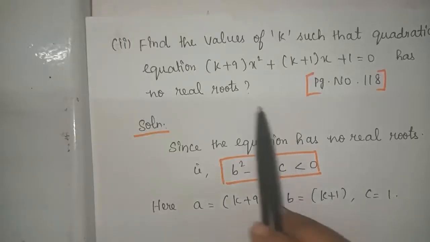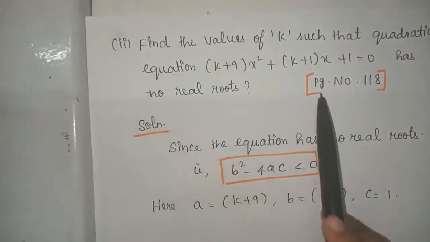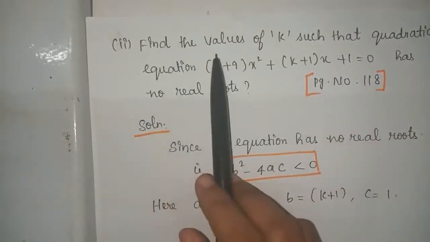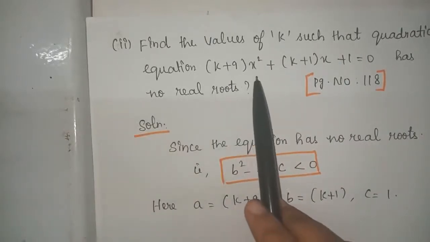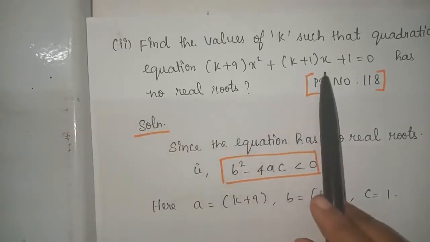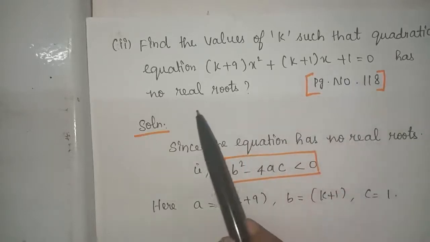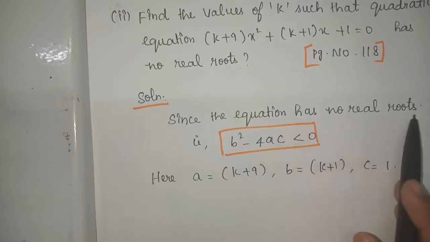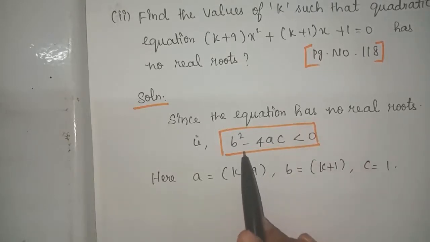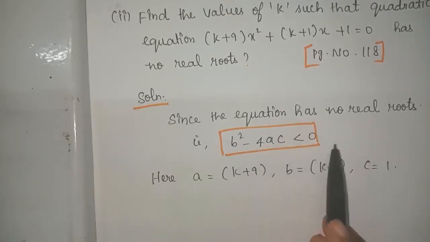Similarly, example 3.41, second subdivision, which is on page number 118. Find the values of k such that the quadratic equation (k + 9)x² + (k + 1)x + 1 = 0 has no real roots. So solution: since the equation has no real roots, the discriminant value b² − 4ac is less than 0.